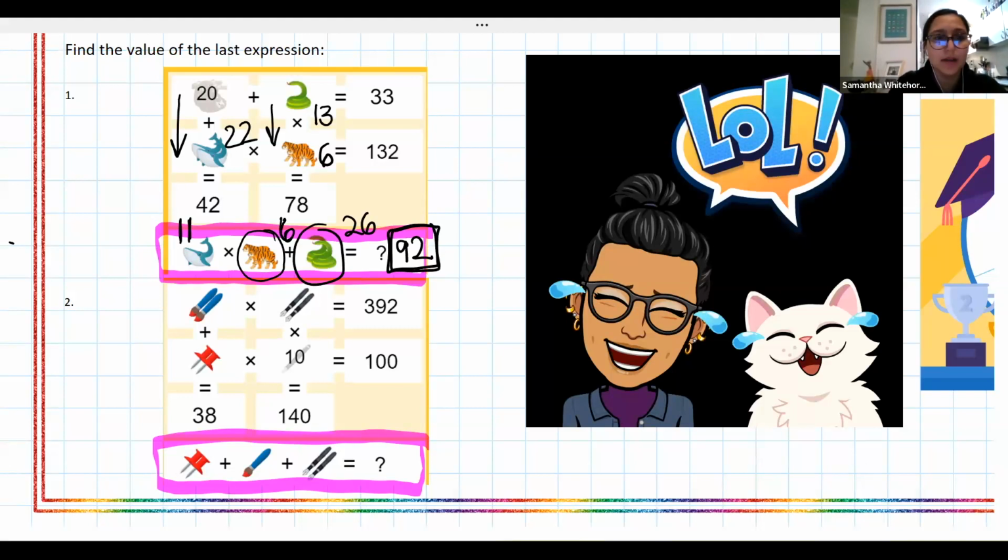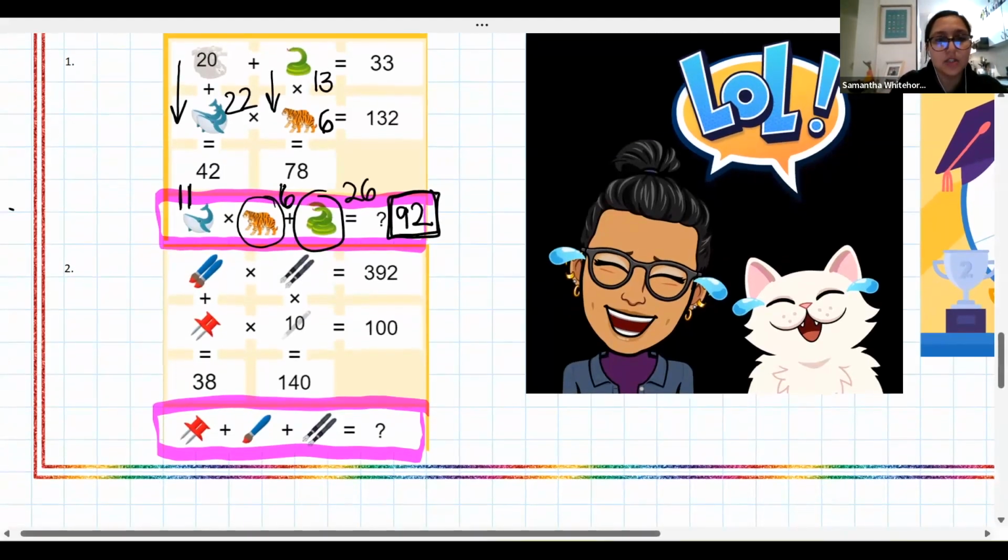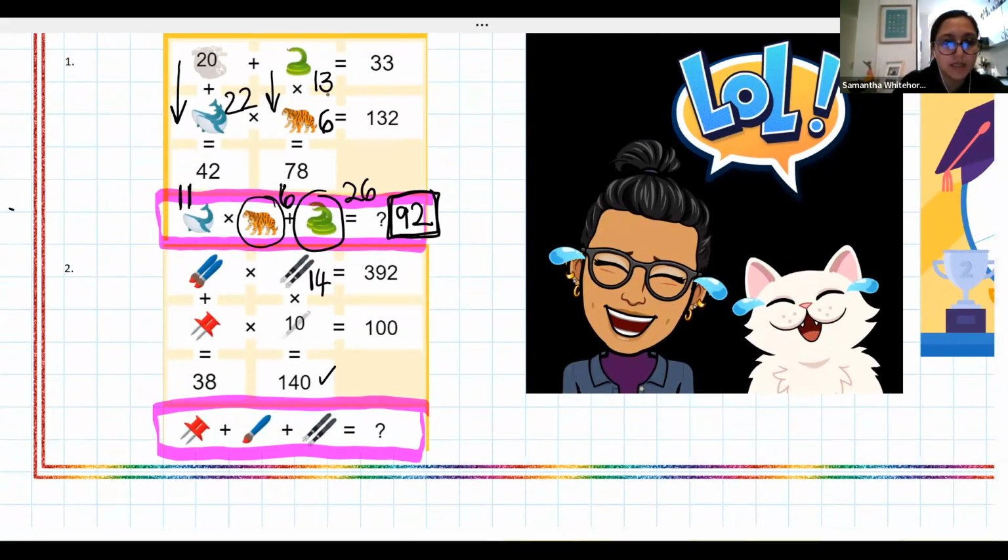For the second one, if we have a look here, we know that we have the value 10. So the double pen at the top times 10 must give me 140. So these 2 pens is 14. 14 times 10 is 140. So at the bottom here, I know that's 14. If we now go across this row, what times 14 gives me 392? That would be 28.